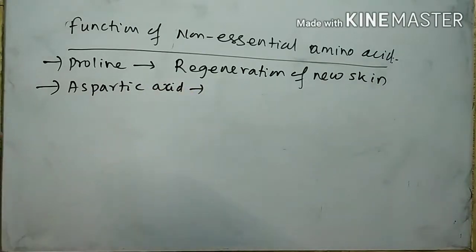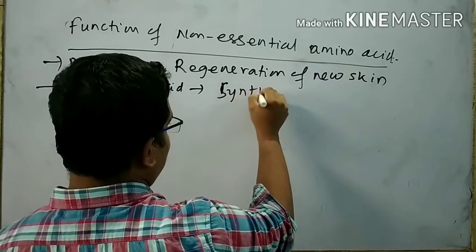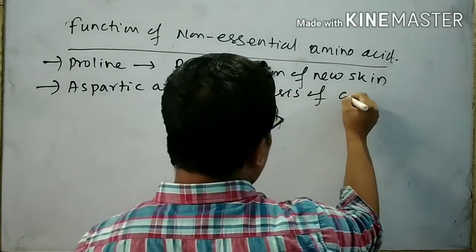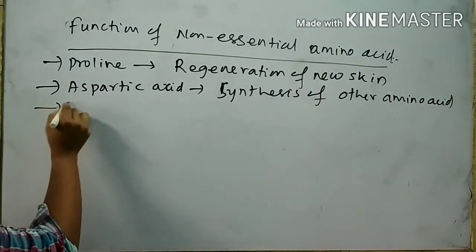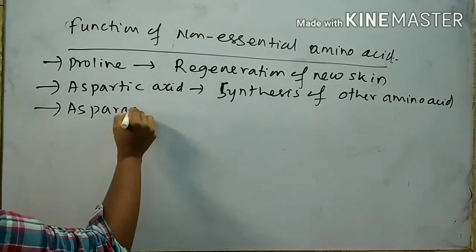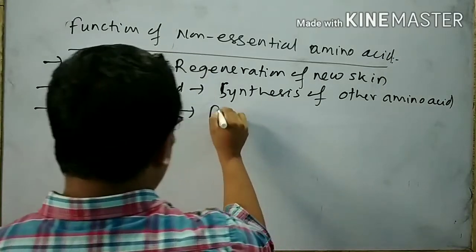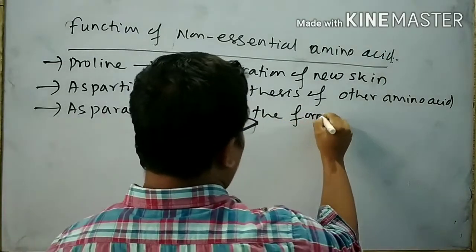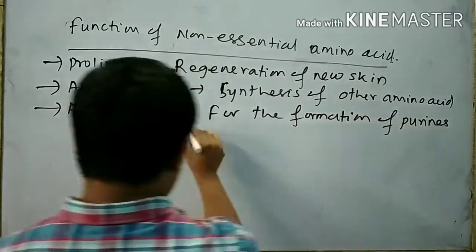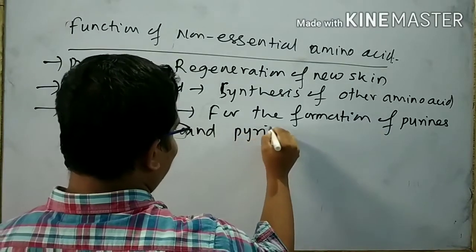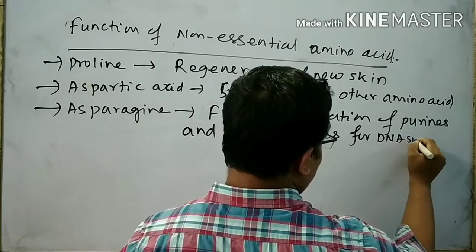It is responsible for the synthesis of other amino acids. Next is asparagine. Asparagine is used for the formation of purines and pyrimidines for DNA synthesis.